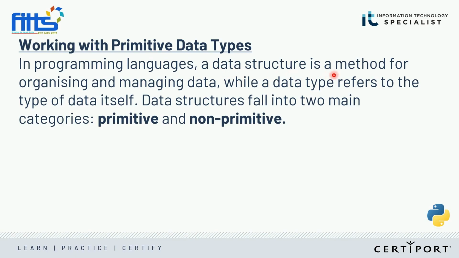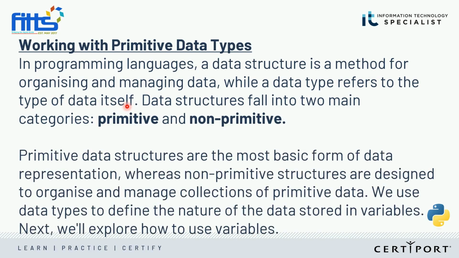A data structure is a method for organizing and managing data, and the data type refers to the type of data itself. Do not forget this. Primitive data structures are the most basic form of data representation, whereas non-primitive structures are designed to organize and manage collections of primitive data.